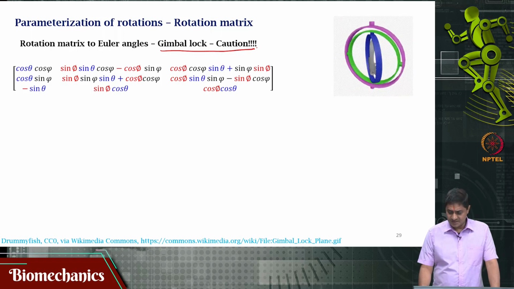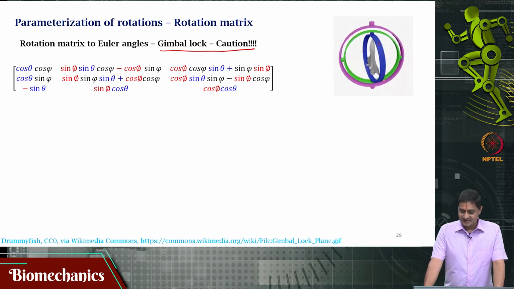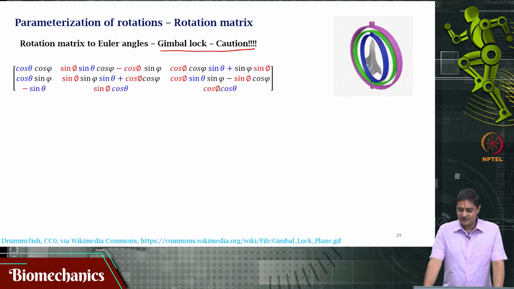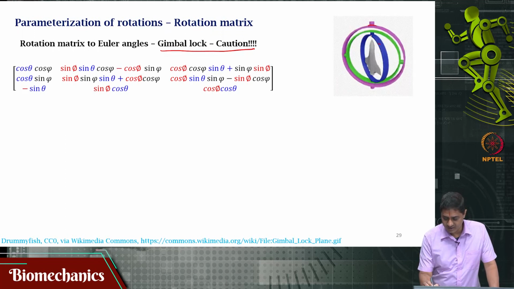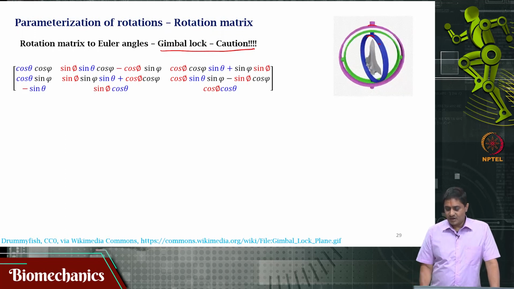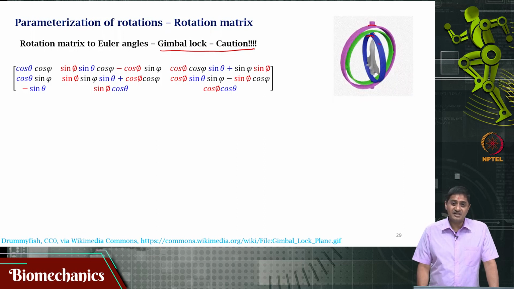For example, what happens here is that initially this blue frame is at a different angle, then it goes and locks itself to, or aligns itself in line with, the magenta frame. In this case the measurement will no longer have the same number of degrees of freedom as expected.